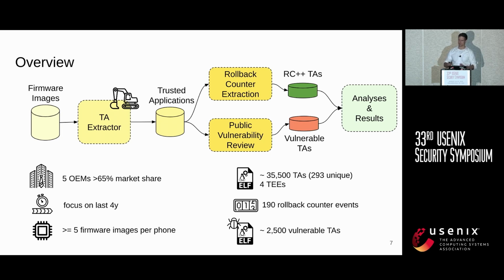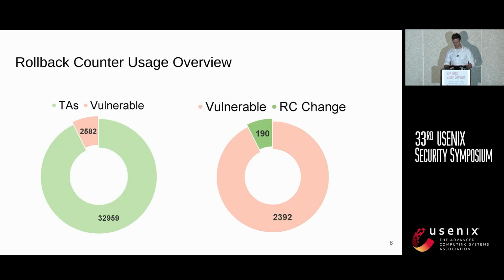With this data set, we can now look at this ecosystem and make an assessment of the effectiveness of rollback prevention. This is a different visual representation. On the left, you can see our total amount of trusted applications and the fraction that are vulnerable. On the right, you can see the vulnerable trusted applications and the amount that actually received a rollback counter increase.